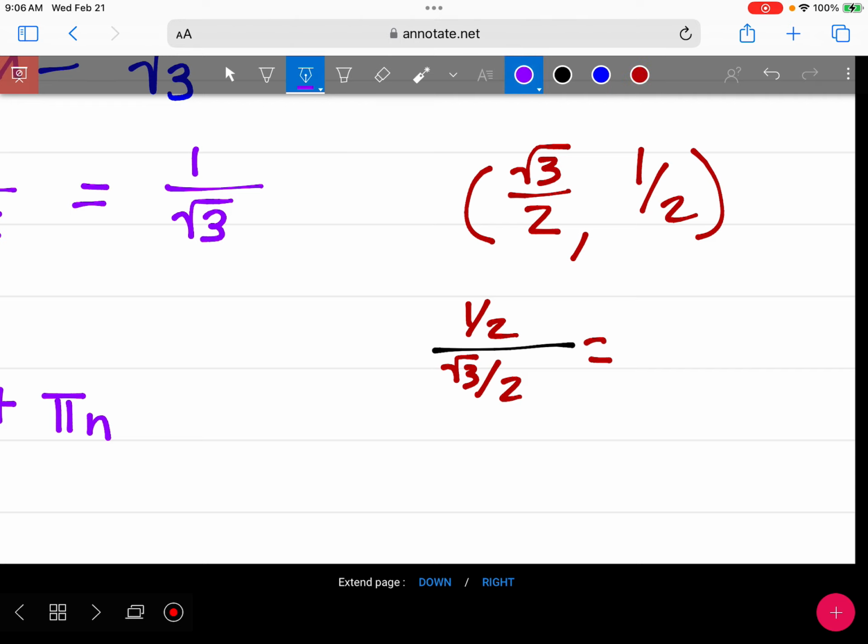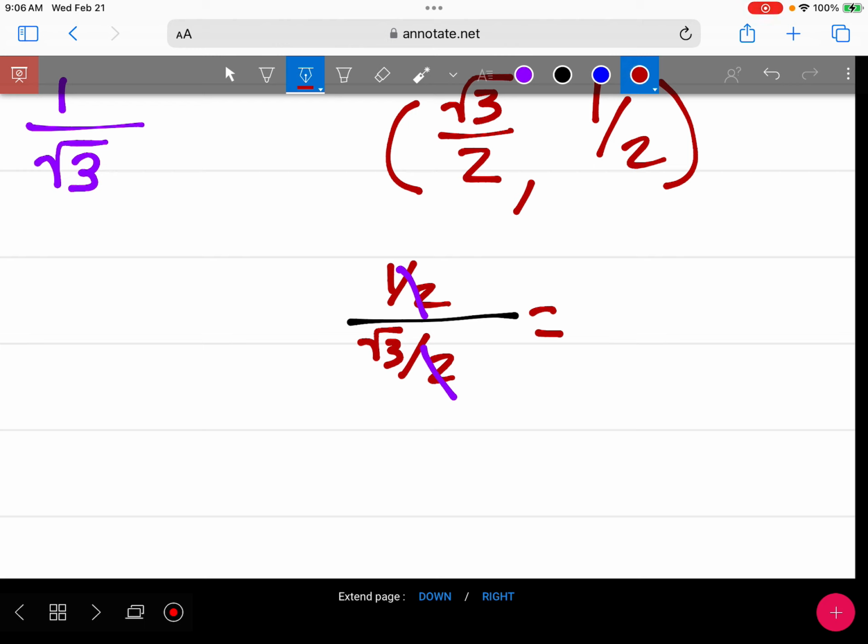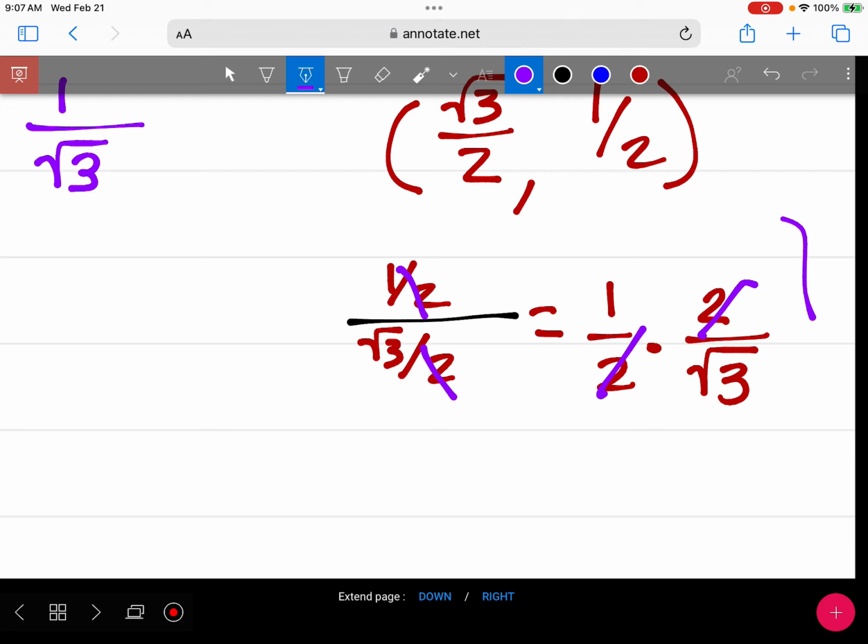So you can either think of it as my denominators canceling out, or you can do it as the multiplication of the reciprocal, 1/2 times 2 over square root of 3. It doesn't matter how we simplify it. Either way, the 2's are gone, and we have our 1 over square root of 3.